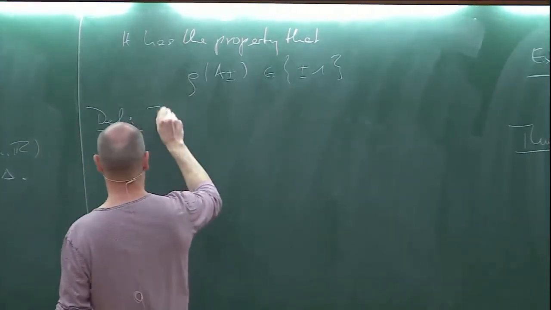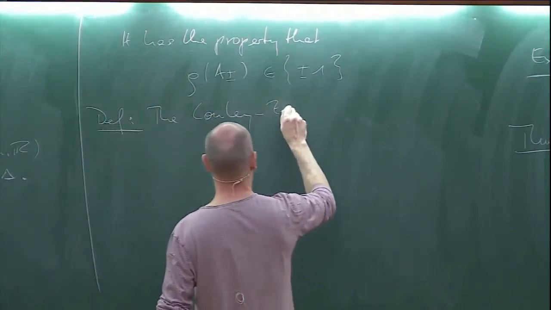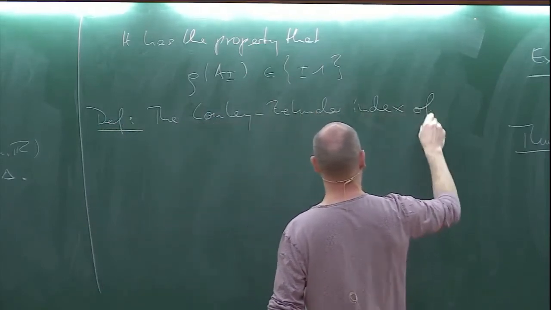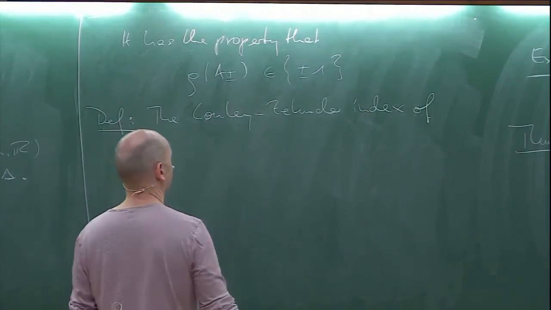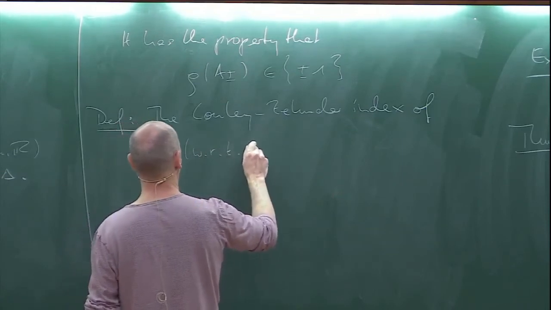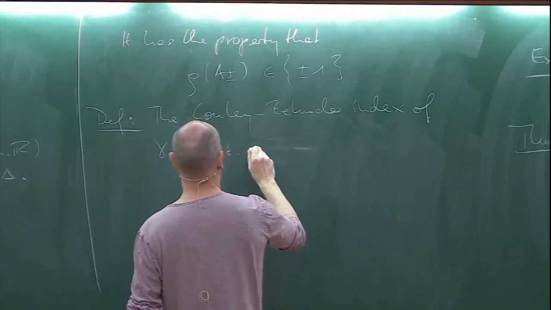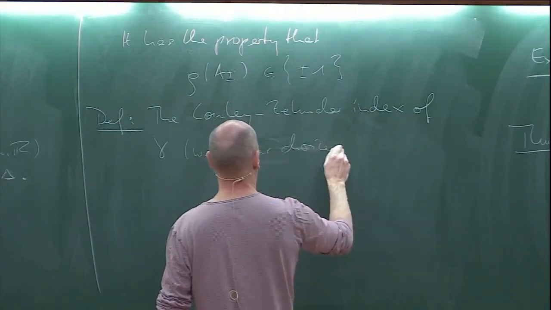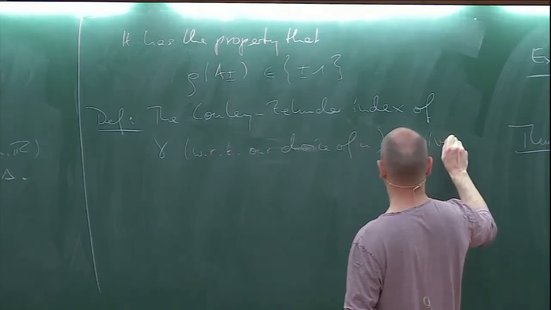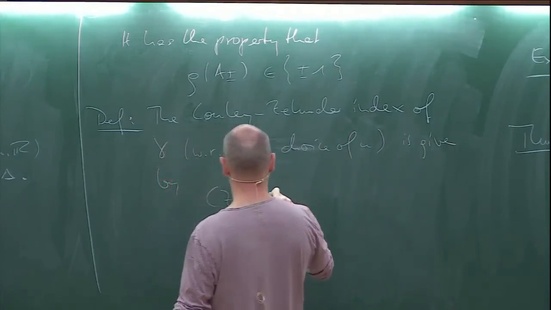So now, the Conley-Zehnder index of this gamma, well, first with respect to U, is now defined to be the following.